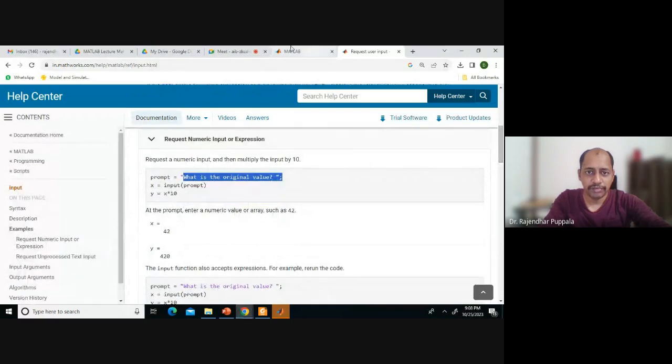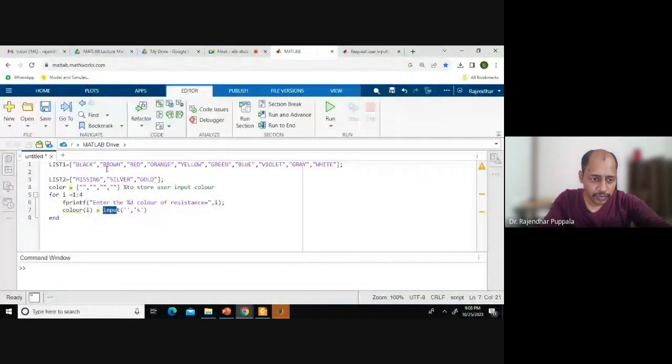In the same way we have considered here also, color of i is equal to input of, here we are giving empty, and s is the syntax only.